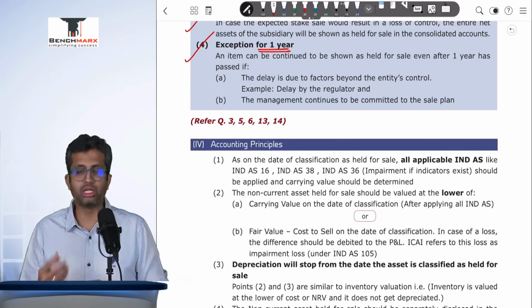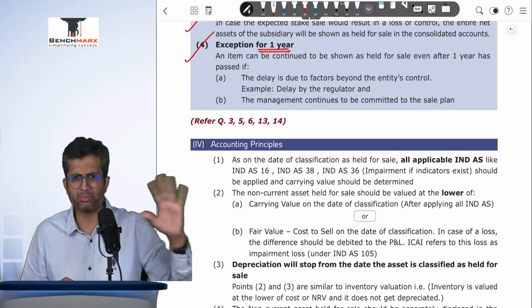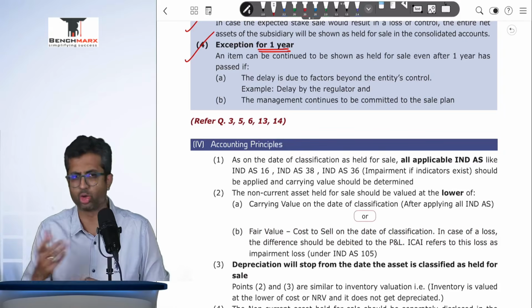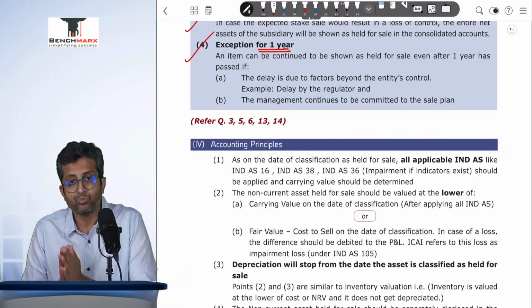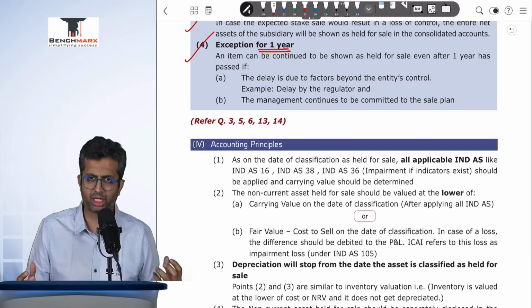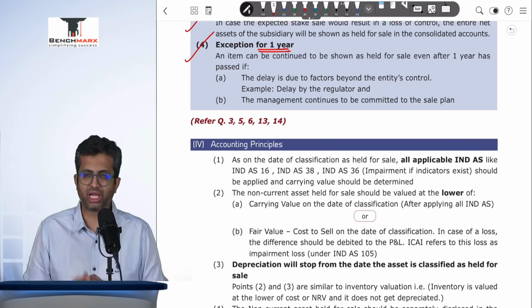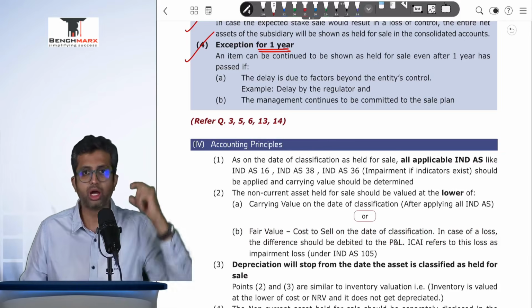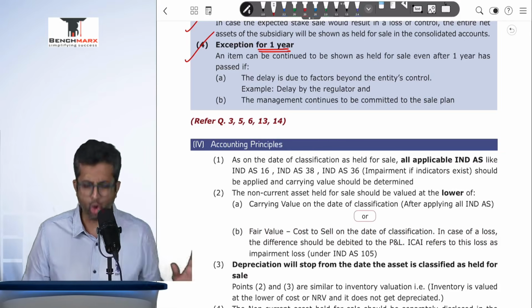Secondly, till now you have usually recorded PP and intangibles at cost less accumulated depreciation or amortization. However, now you should also compare them with the fair value less cost to sell. As on the date of classification as held for sale, you will compare the carrying value after applying all Ind AS.